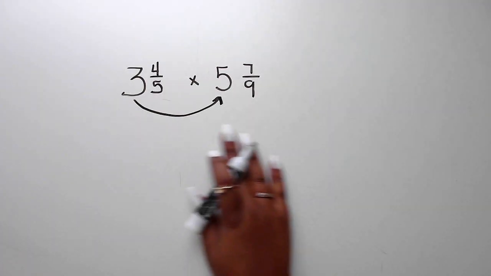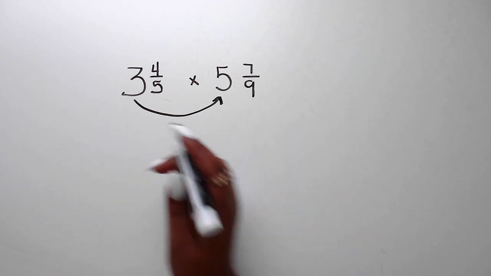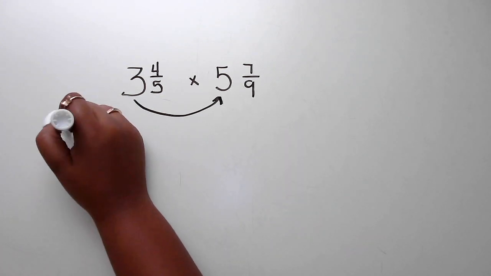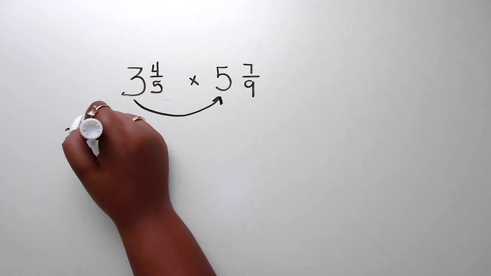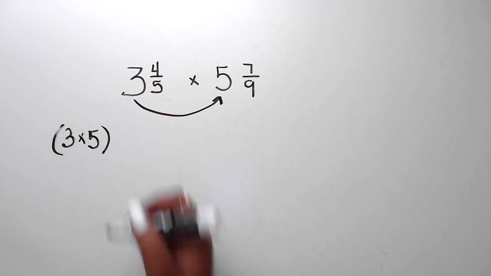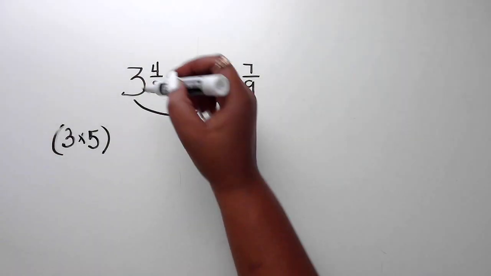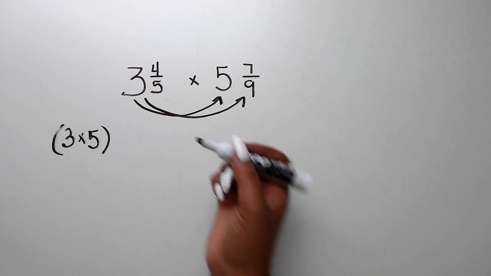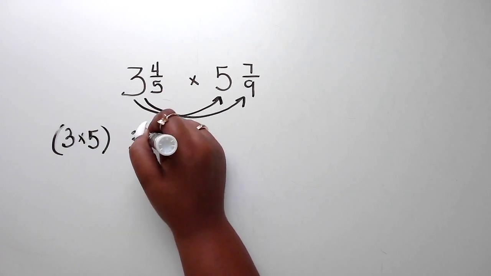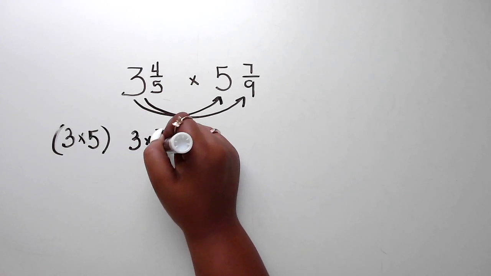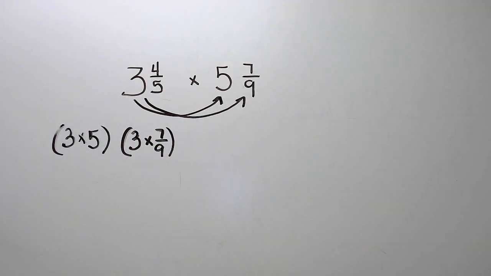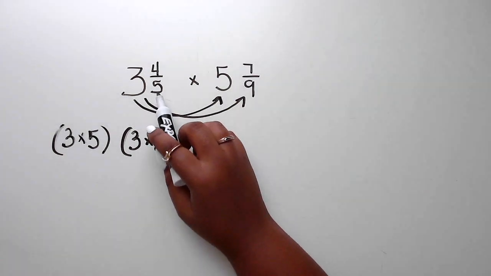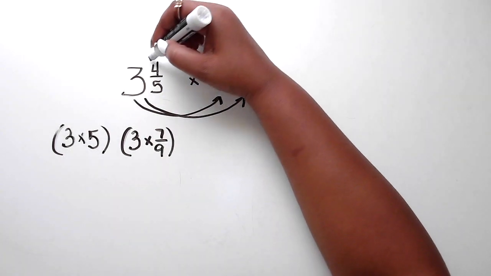And I'm going to write the expressions down below to show what we're multiplying. So we have 3 times 5. Then you would multiply 3 times 7/9. So let's write that. 3 times 7/9. And I'm just putting them in parentheses to keep the expressions organized. Next, we're going to take 4/5 and multiply it by 5.